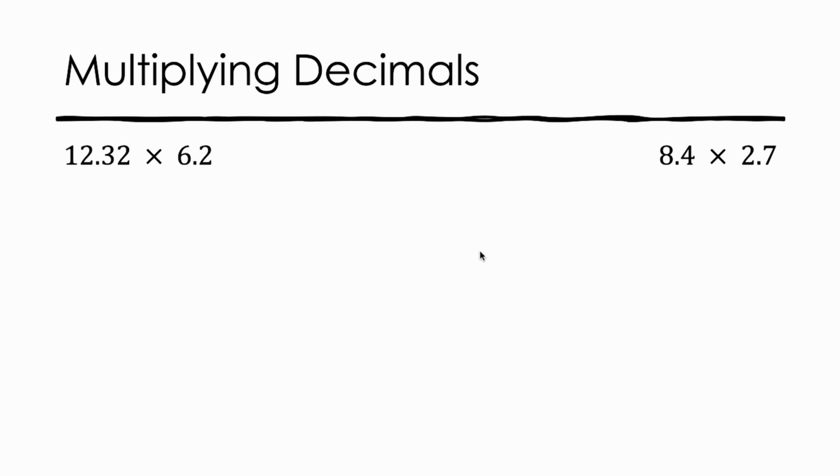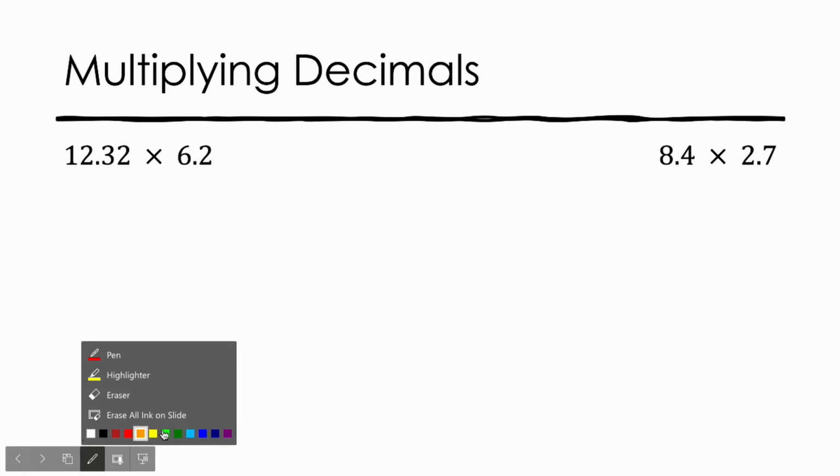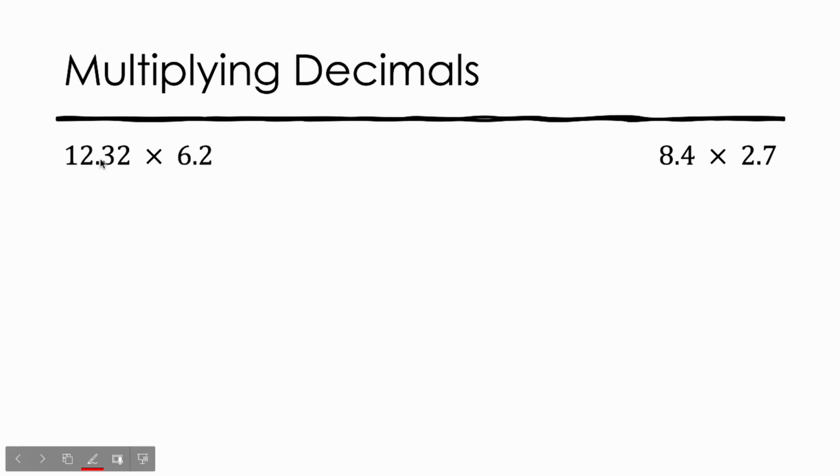Alright, let's do these examples. Let's take the first one. 12.32 times 6.2. Okay, let's lay this out like we did the addition and subtraction. And remember, we don't need to align the decimal points, so let's just line them like we would with integers.